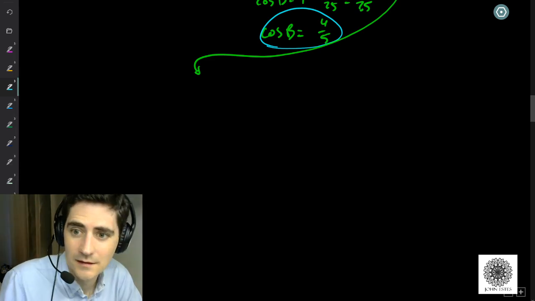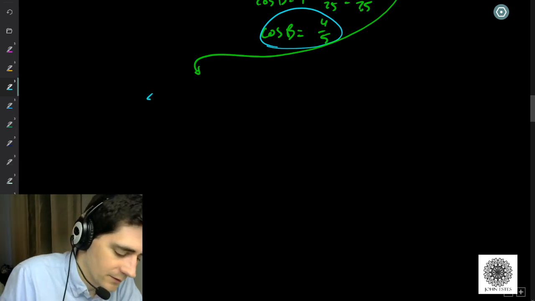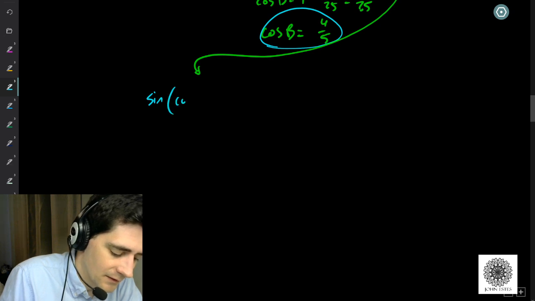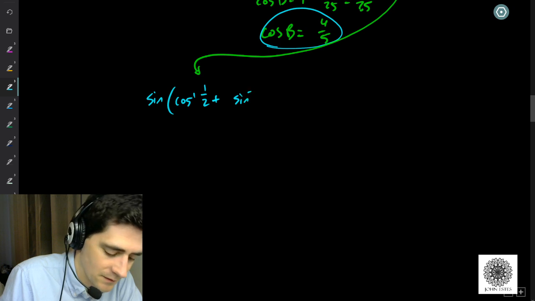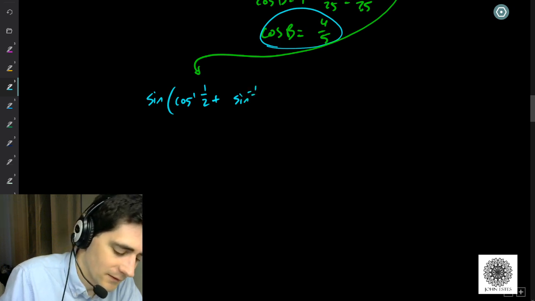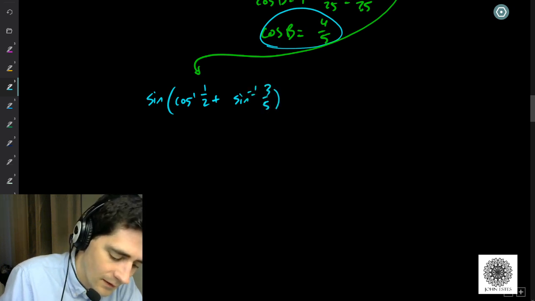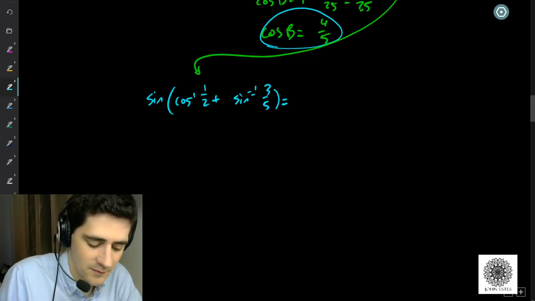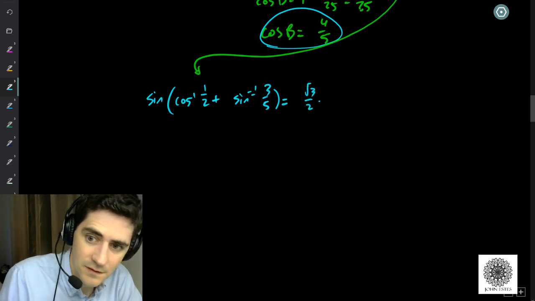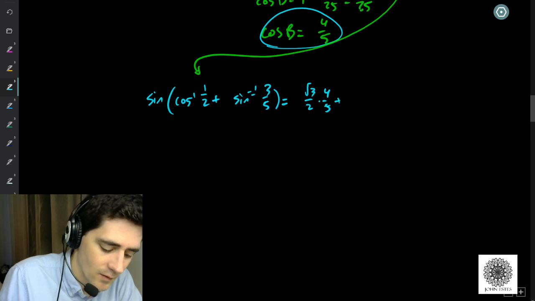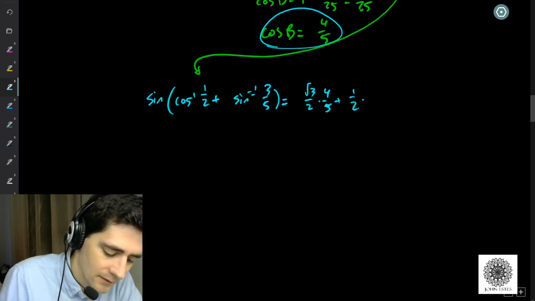And so finally, what was our original expression? I'll write it again: sine of cosine inverse 1/2 plus sine inverse of 3/5. And we just said that that's going to be root 3/2 times 4/5 plus 1/2 times 3/5.